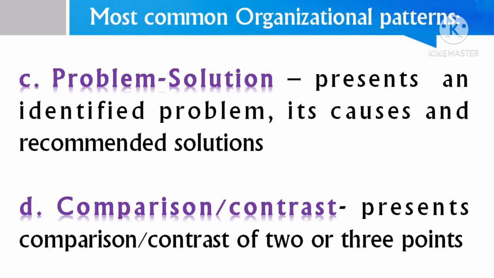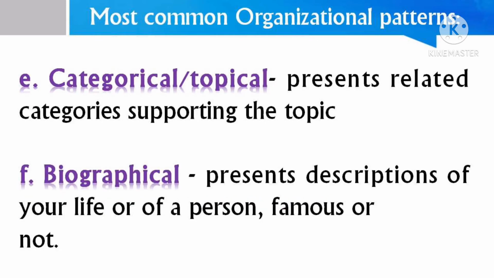Presents the comparison contrast of 2 or 3 points. E. Categorical or topical. Presents related categories supporting the topic. And F. Biographical. This presents descriptions of your life or of a person, famous or not.